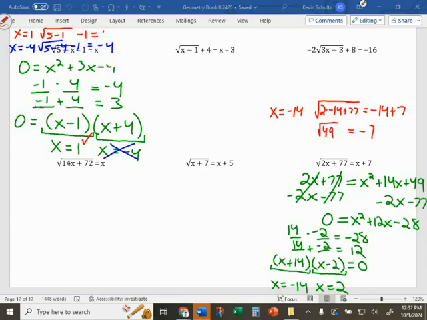Yes, it could be positive 7 or negative 7, because negative 7 squared does equal positive 49. So does negative 14 work? Yes, it does. One of these solutions is negative 7, because negative 7 squared equals 49.